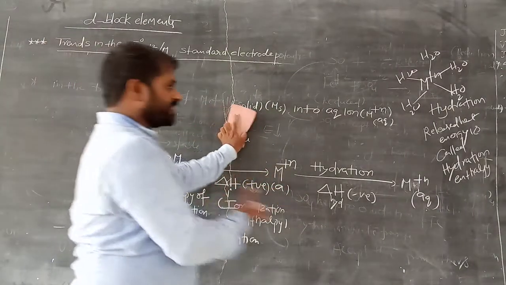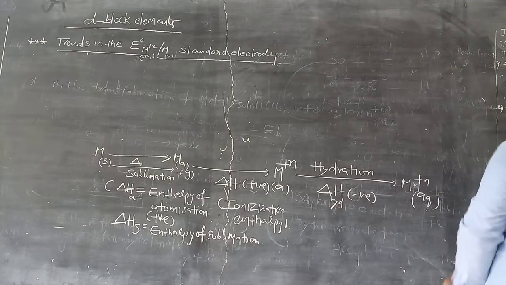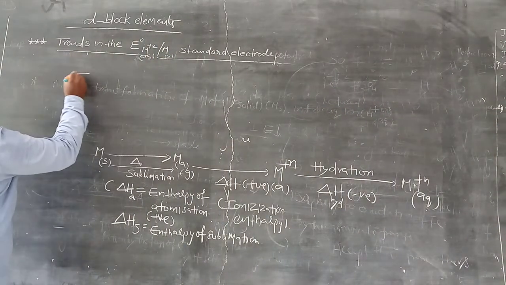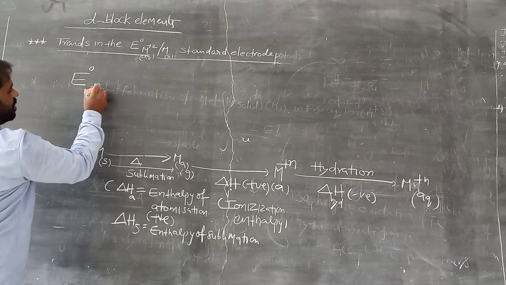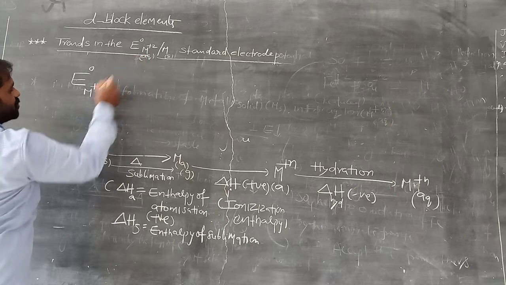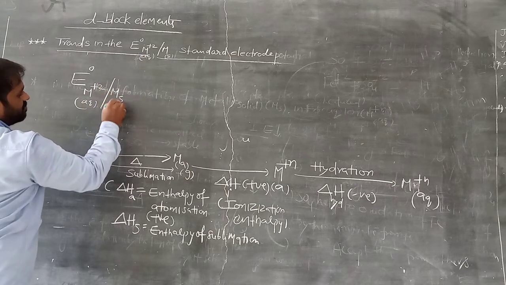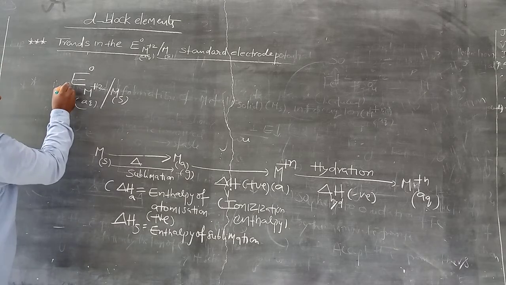So three types of energies are involved in the reduction of ions. Now we can represent this as E naught, M 2 plus ion aqueous to M solid. This is the standard reduction potential, SRP.